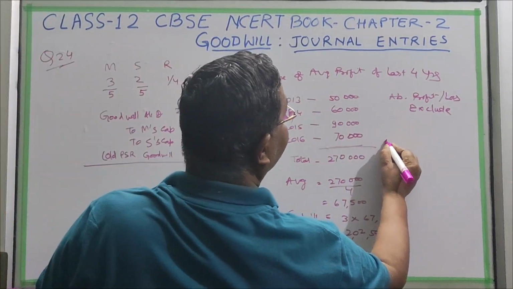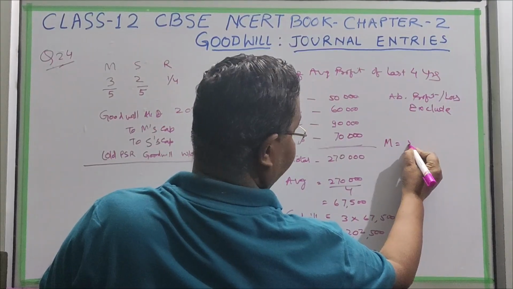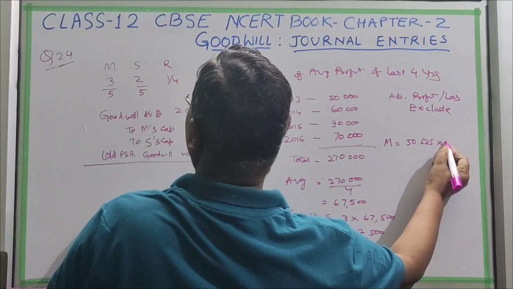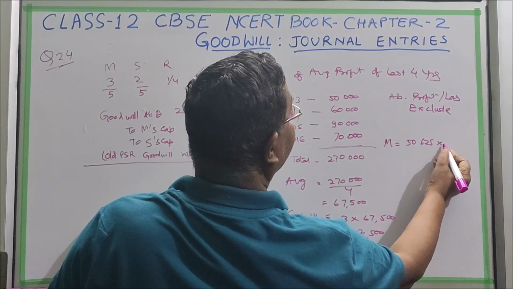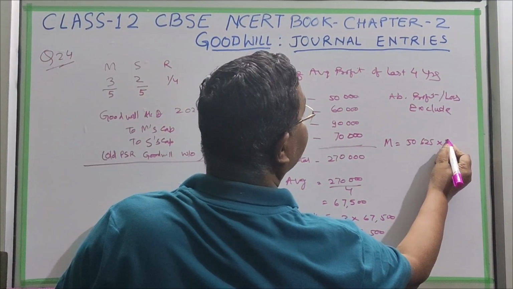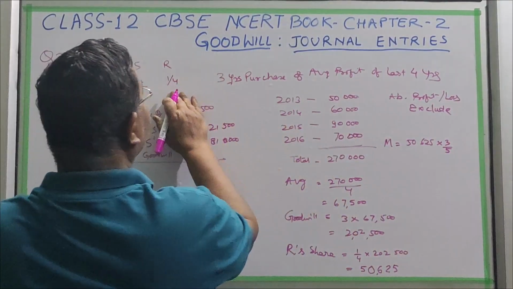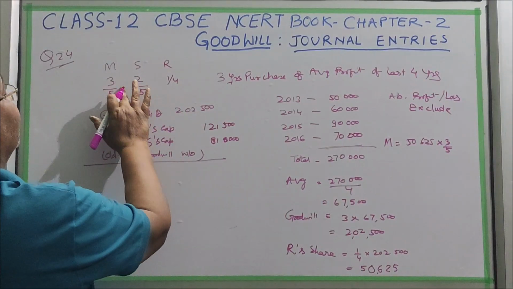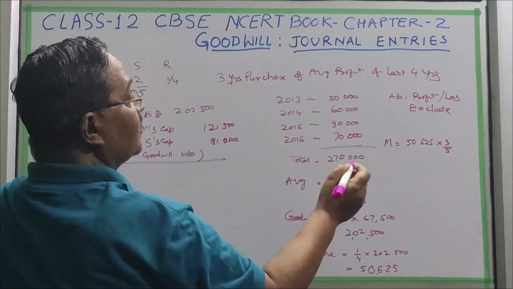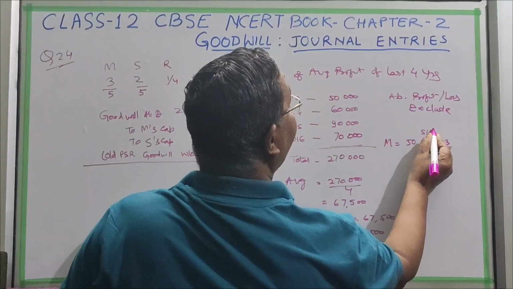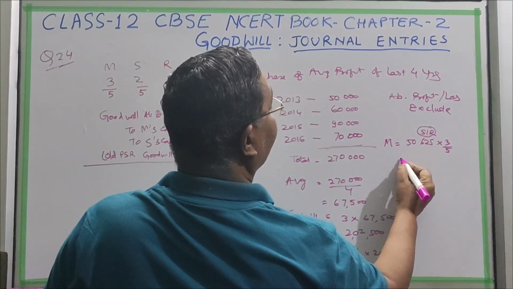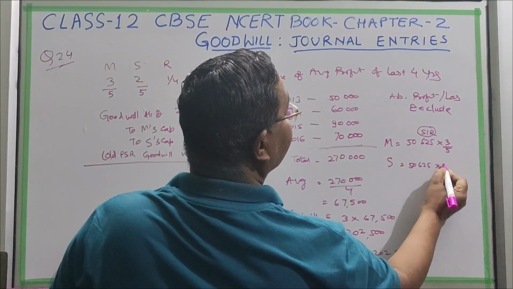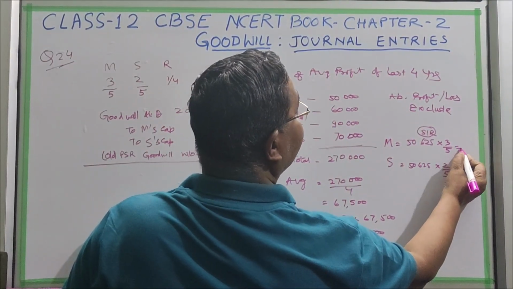So Mohan will get 50,625 into 3/5, because it is not given from whom the new partner is taking his share, so their old ratio will be the sacrifice ratio. So Mohan and Sohan will get 50,625 into 2/5. This amount they will get.